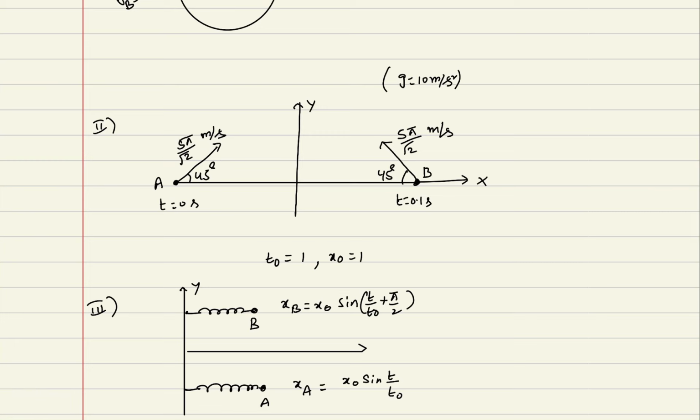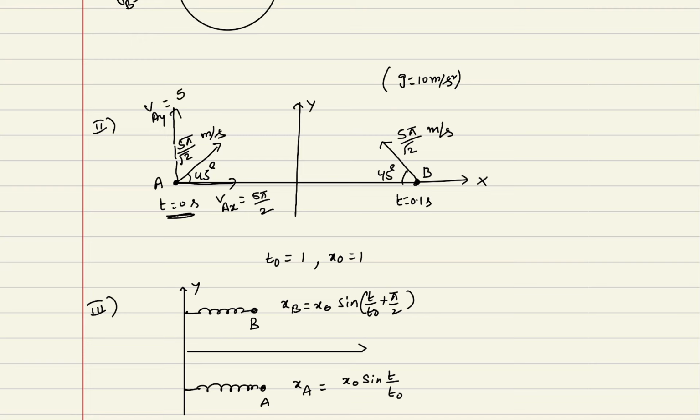Okay. Now you will see the second one. According to the question, two particles A and B are projected. At t equal to 0, particle A is projected, and at 0.1 seconds, particle B is projected. Now you need to calculate the velocity along the x-axis. Velocity of A along the x-axis is 5 pi by 2.